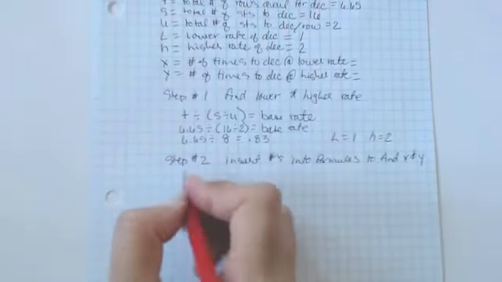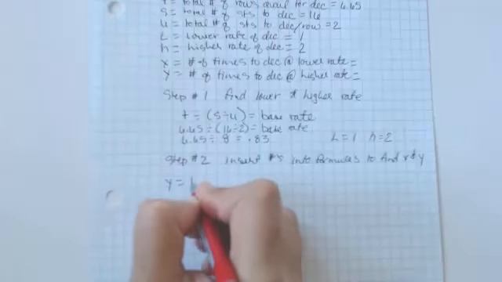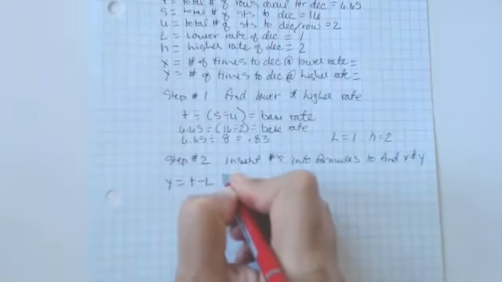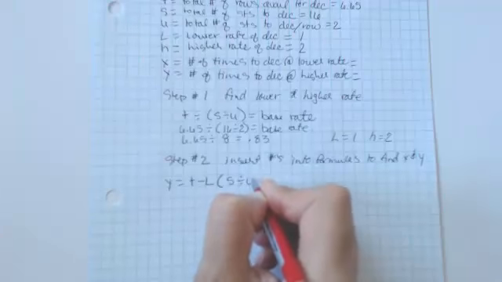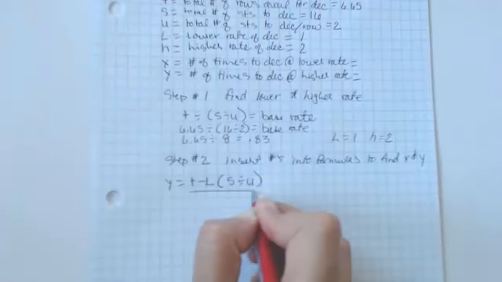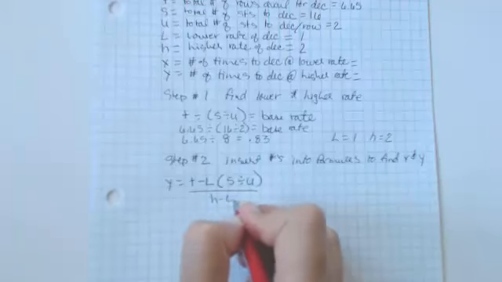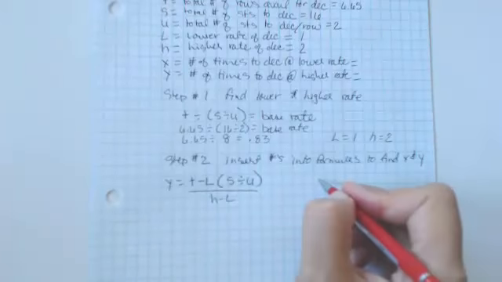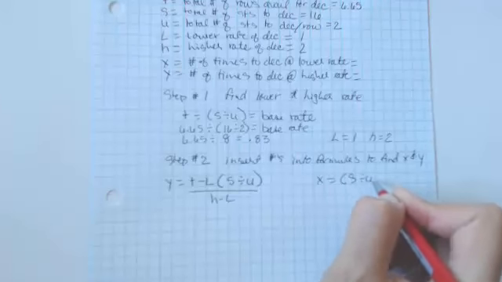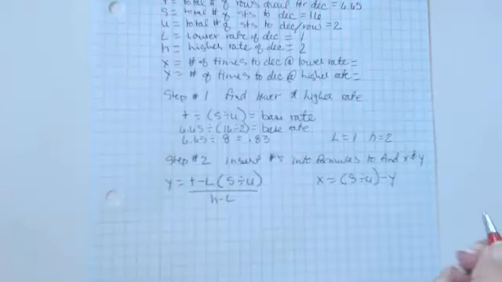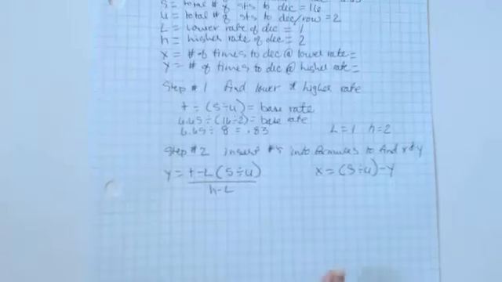The first formula is y equals t minus L times S divided by U over H minus L. And for x, we have x equals S divided by U minus Y. So let's find Y first.